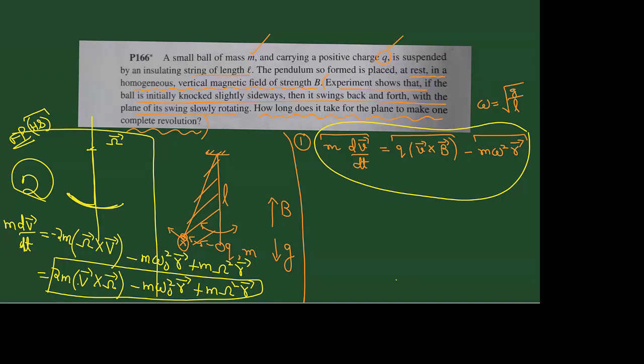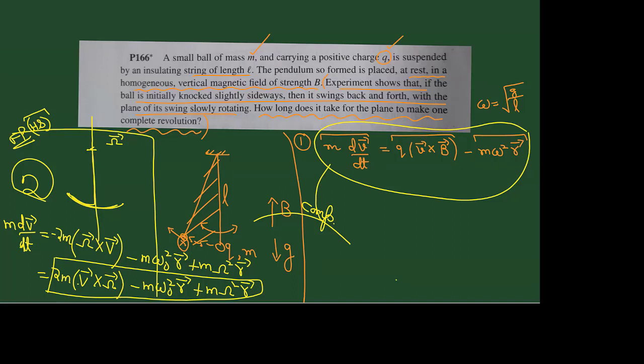Now, the question should be done by comparison of these two situations. Compare these two situations. Think that what you have done here in terms of capital omega makes this equation absolutely identical with what is happening here. How come? Check.